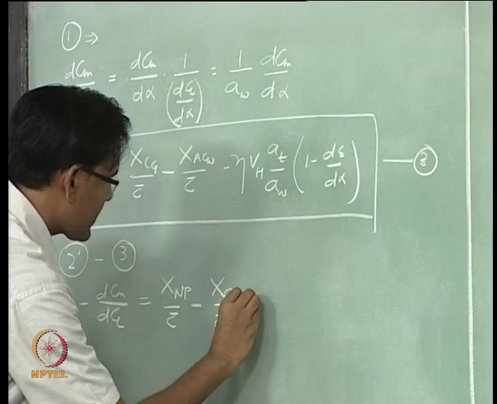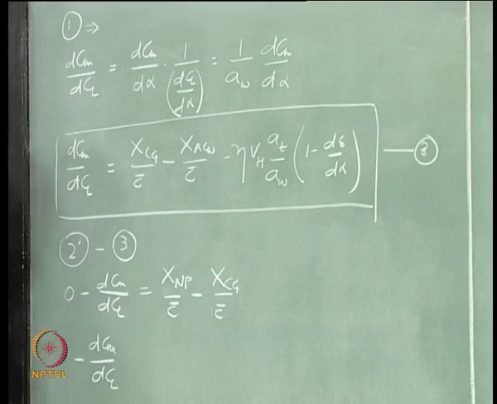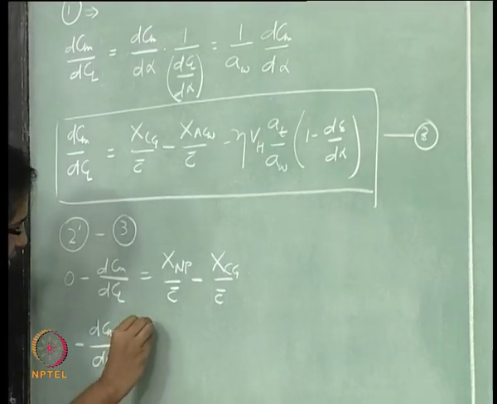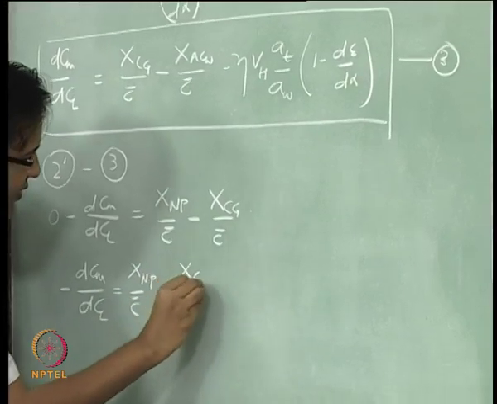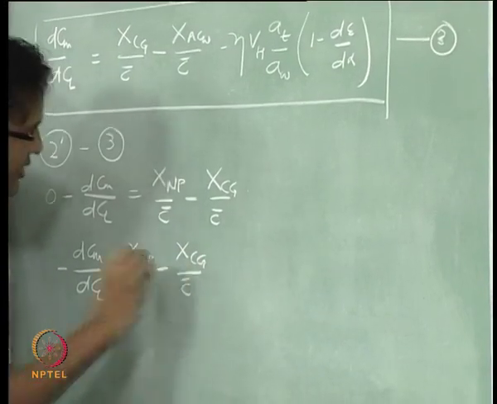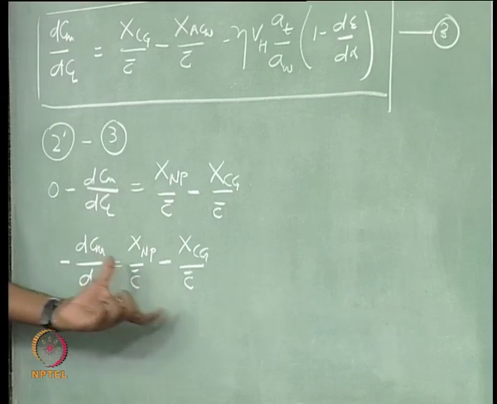This quantity is, so dCm over dCL negative is Xnp over c bar minus Xcg over c bar, right. And this quantity is known as the static margin.